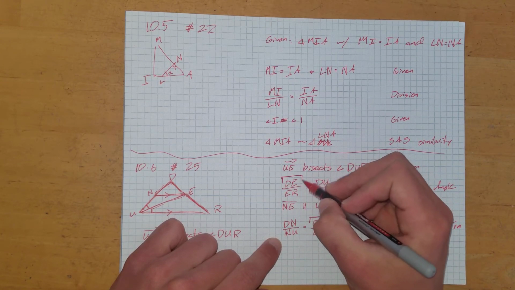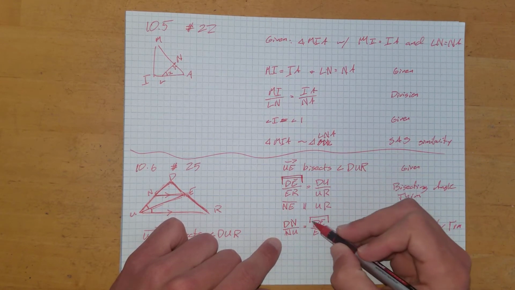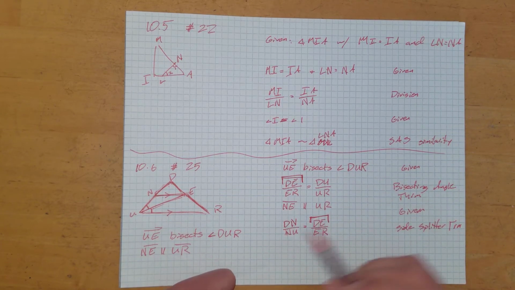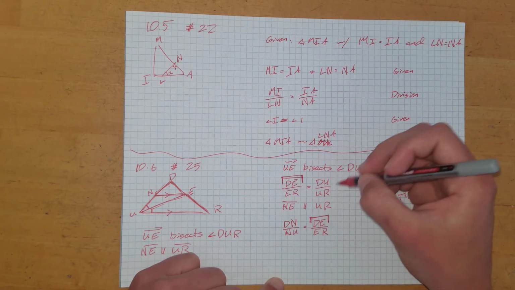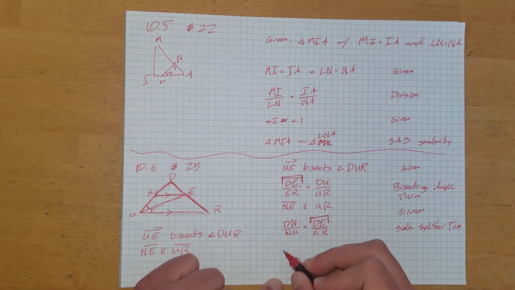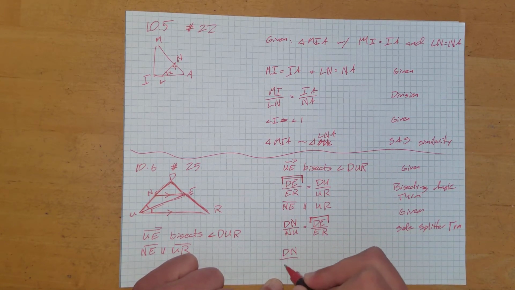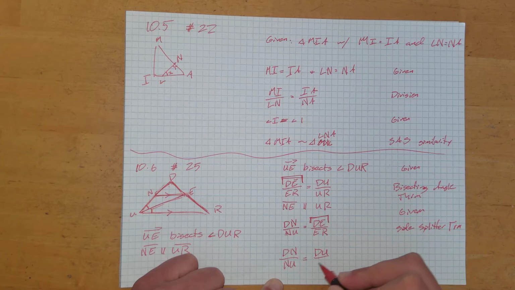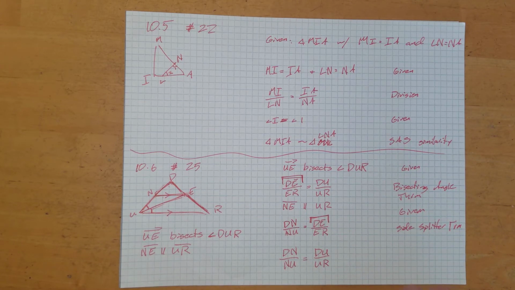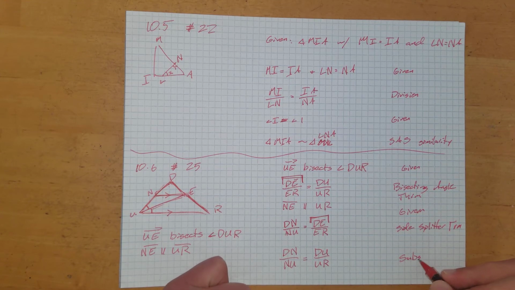That's what it is. So that means we can set these two equal to each other, or we can just sub this in for here. So dN over NU equals dU over UR. And that is what we were trying to prove, and we use substitution for that.